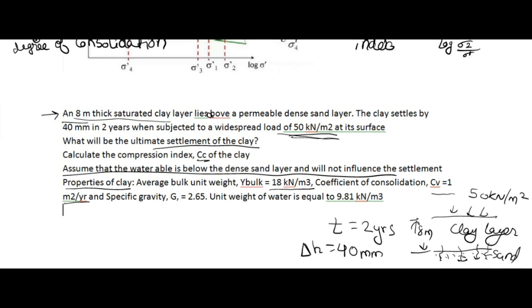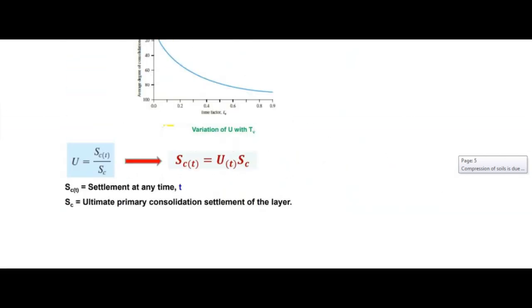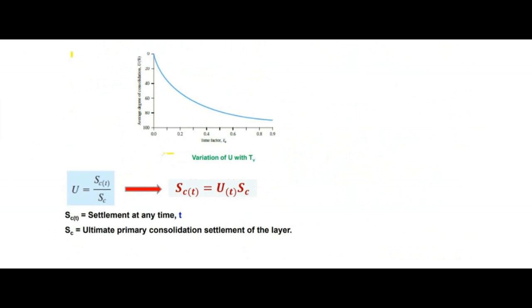So from this we first need to find the degree of consolidation. Percentage degree can be found in two ways. If we just go up, we can see u, that is the degree of consolidation.